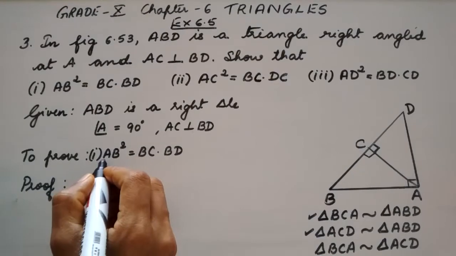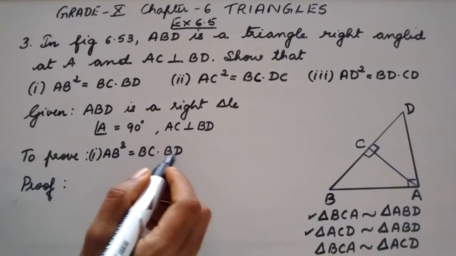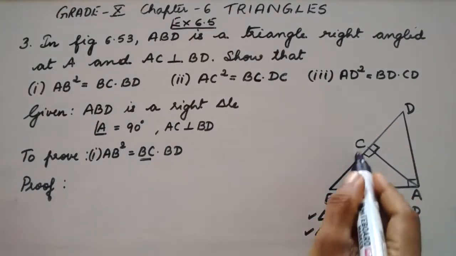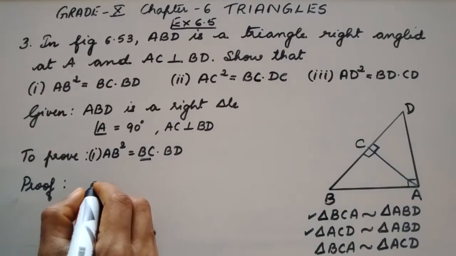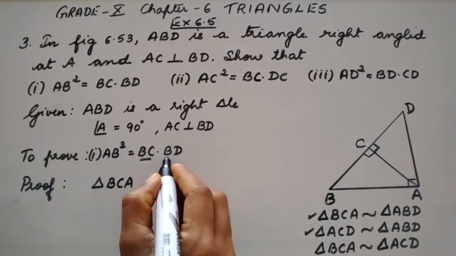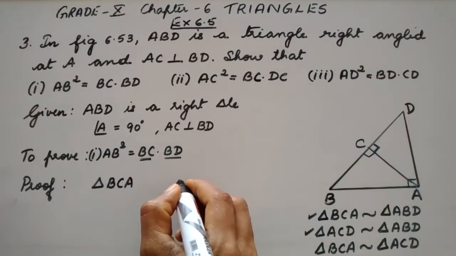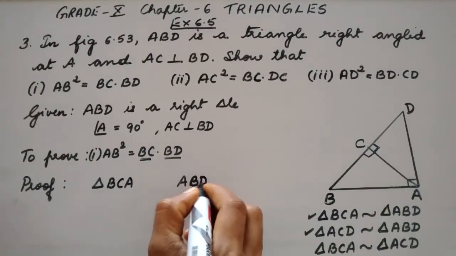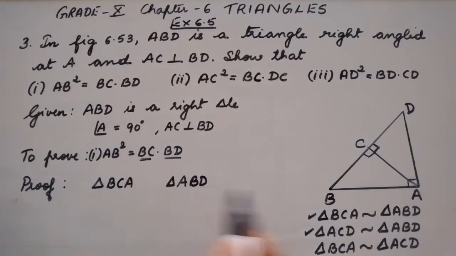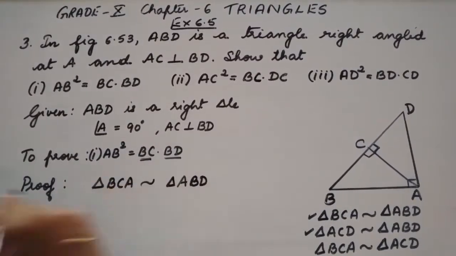So now the first one we have to prove is AB square is equal to BC into BD. The side BC lies in triangle BCA, isn't it? Yes. The side BD lies in triangle ABD. So here triangle BCA is similar to triangle ABD.